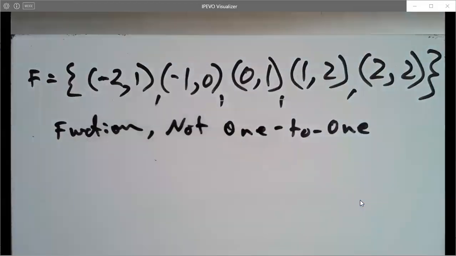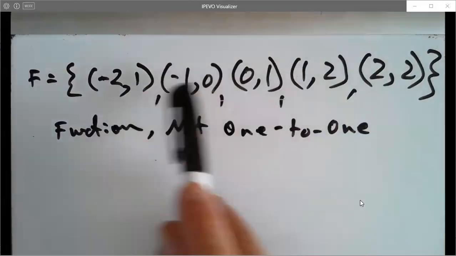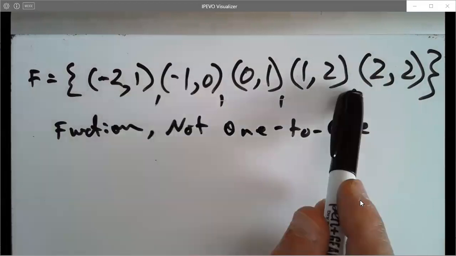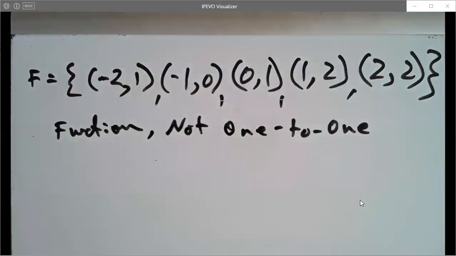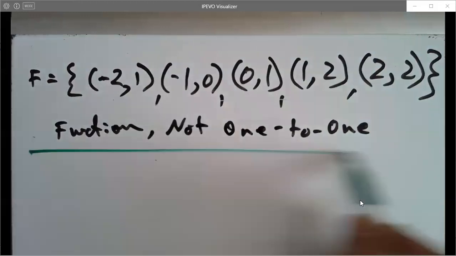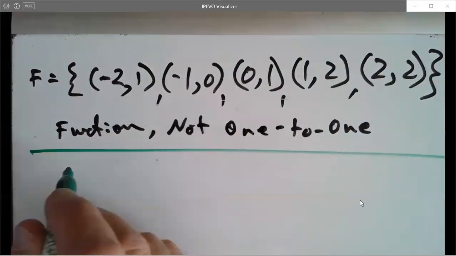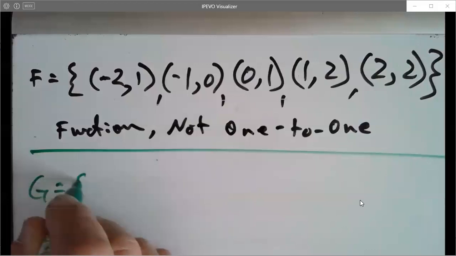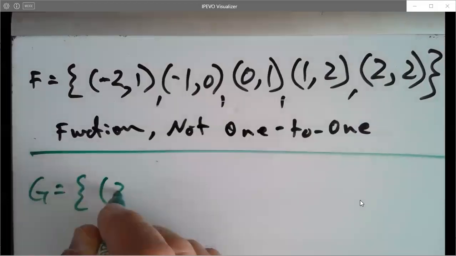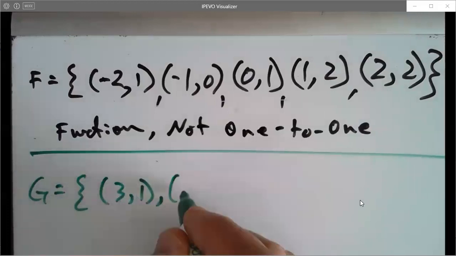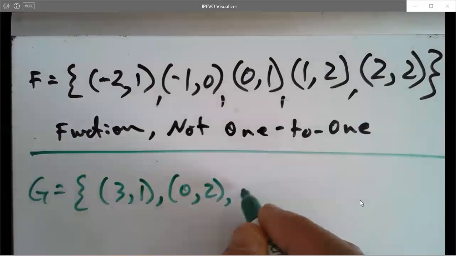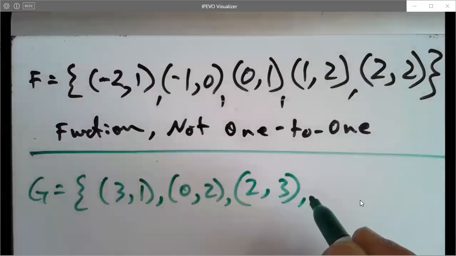All right, any questions with that? And all it takes is one of them to repeat. Not only the ones repeat, but the twos also, there are two y values that repeat. Okay, so let's look at another one. All right, here we have G. We'll call this G. And we've got 3, 1; 0, 2; 2, 3; and 4, 0.